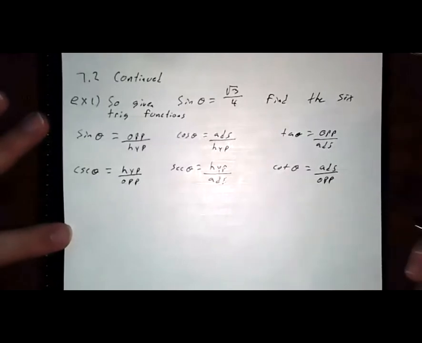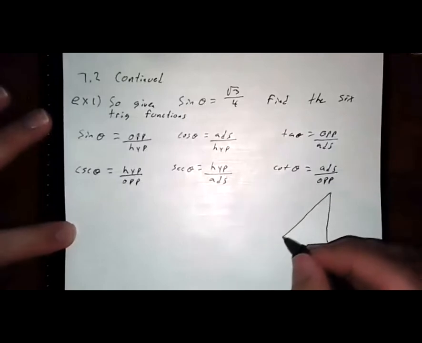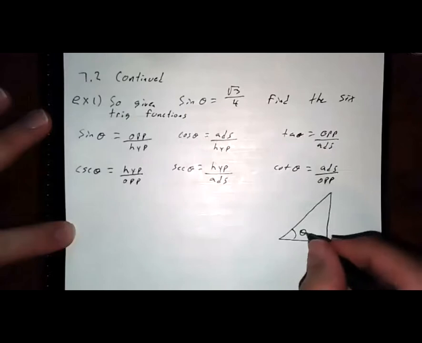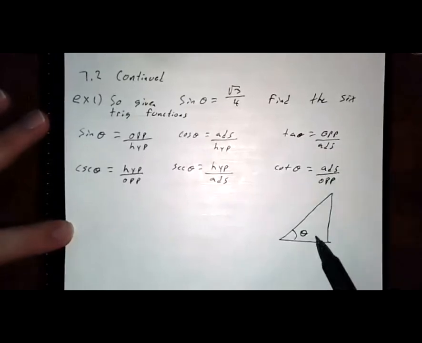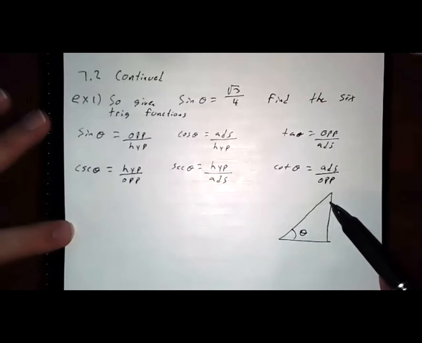So, all right, let's build a triangle. Now, when we say opposite, adjacent, all that, what we're referring to is where the angle is. If I put the angle here or up top, the definition of opposite would be different.